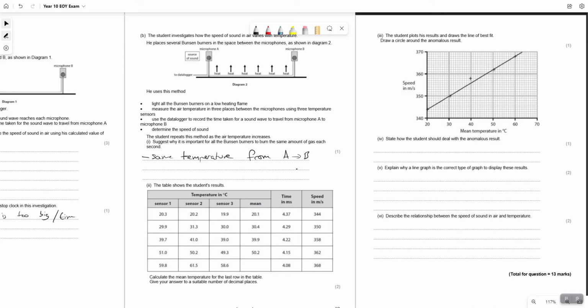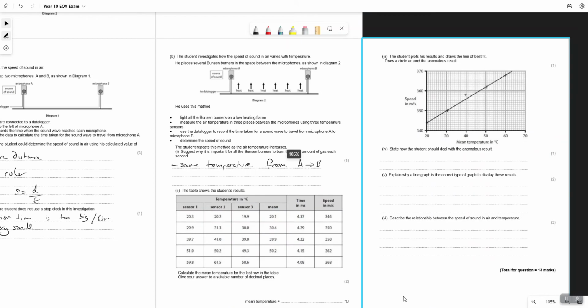We don't really use the word heat in GCSE very much. Also, much like human error not getting a mark, just saying fair test is also not a specific enough response. So you need the temperature to be the same. You can't just say it because it isn't a fair test.